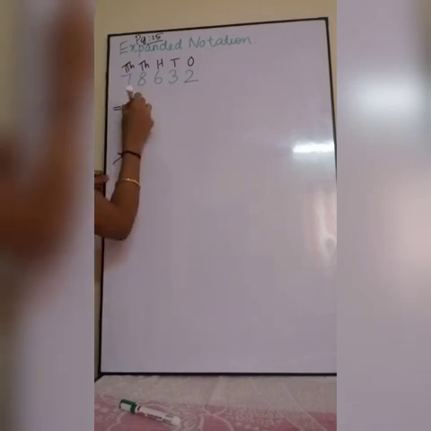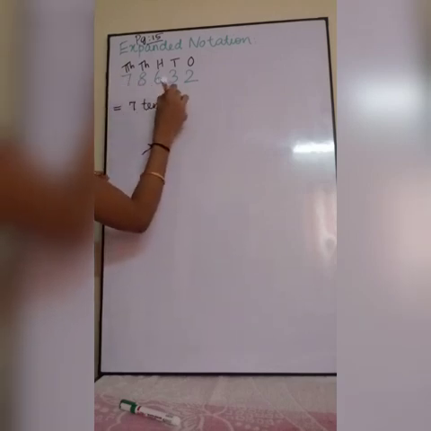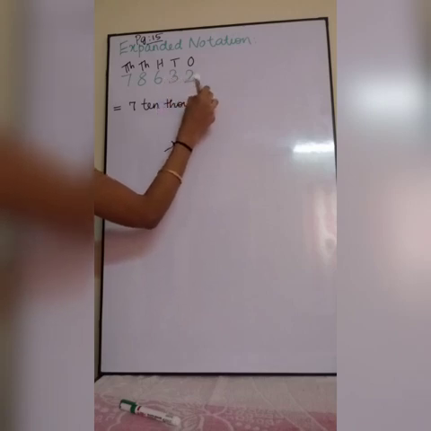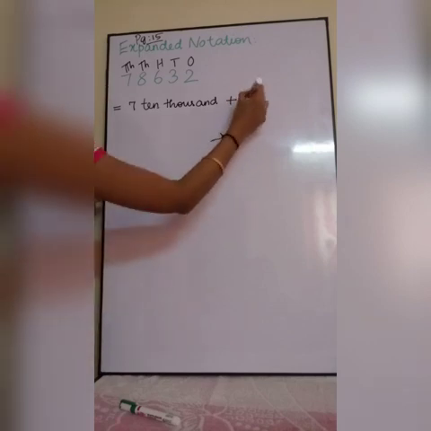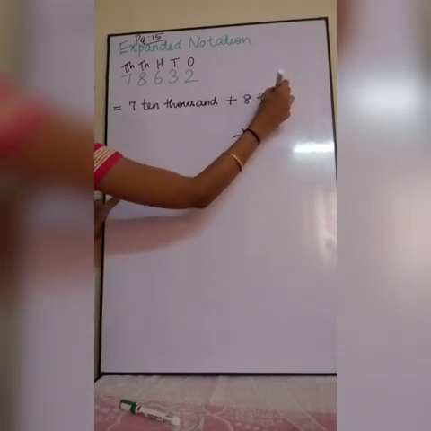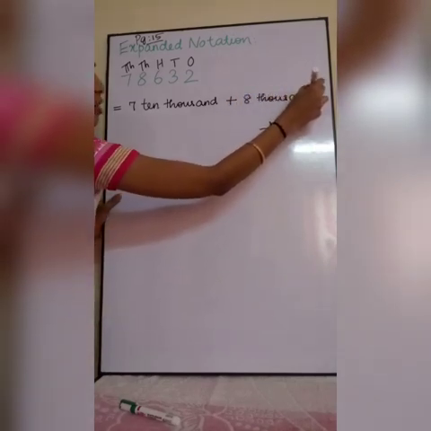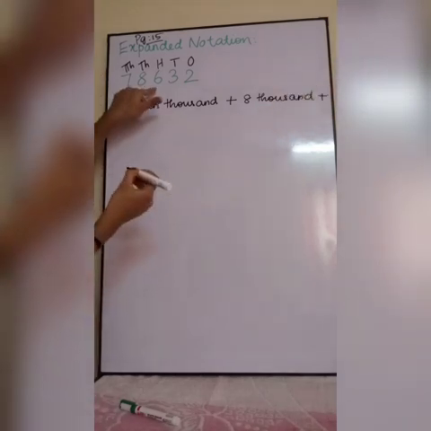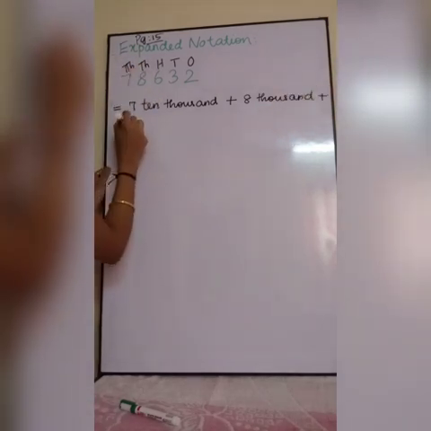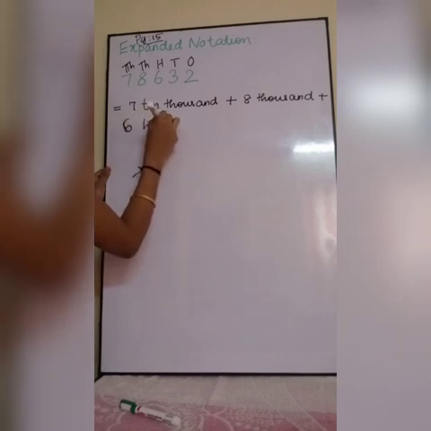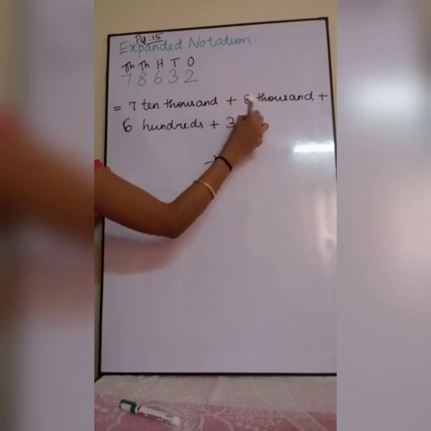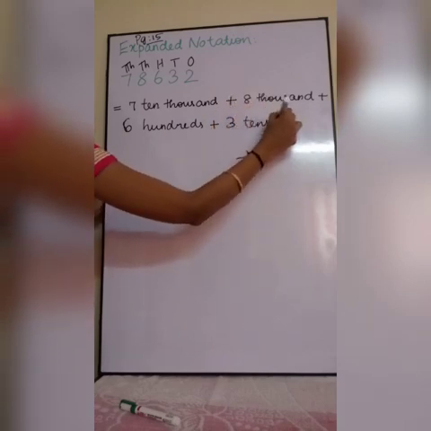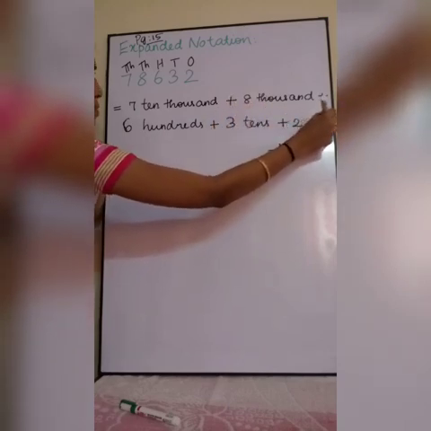7 10,000s plus 8,000 plus 600 plus 3 tens plus 2 ones.